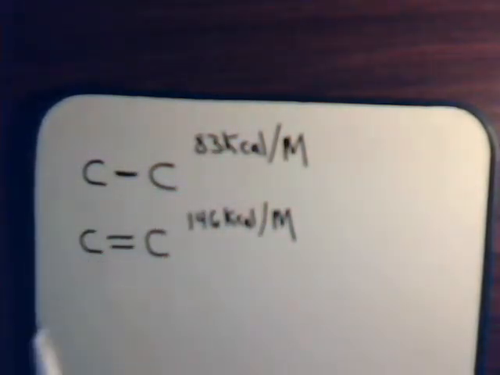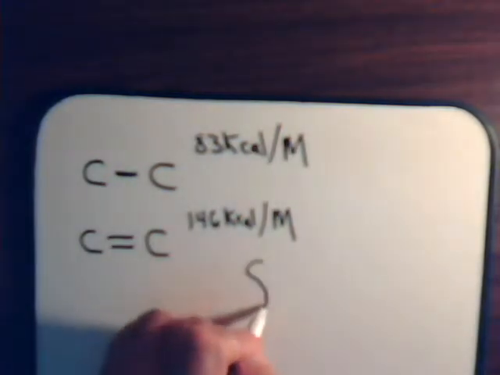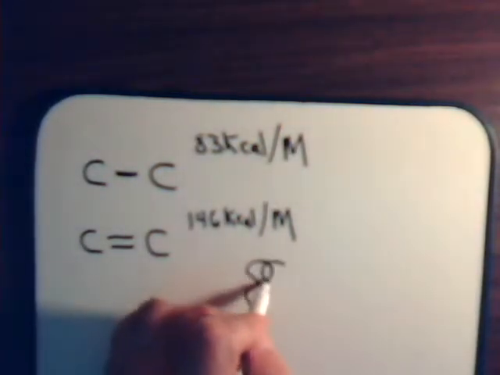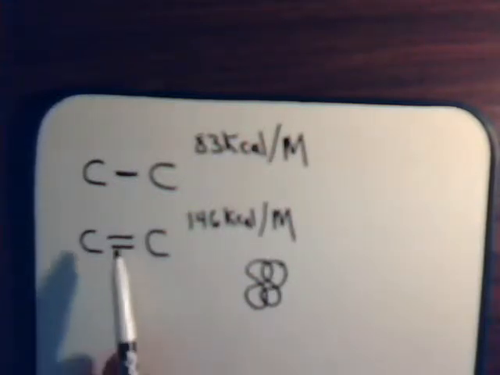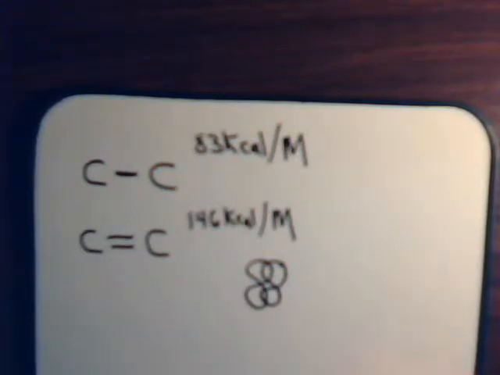And again, the reason for it is when you have the lateral overlap of the p orbitals, that is not as effective overlap as when you have tip-to-tip overlap between sp2 orbitals, or an sp2 and an sp3 orbital. So the pi bond is a little bit weaker.